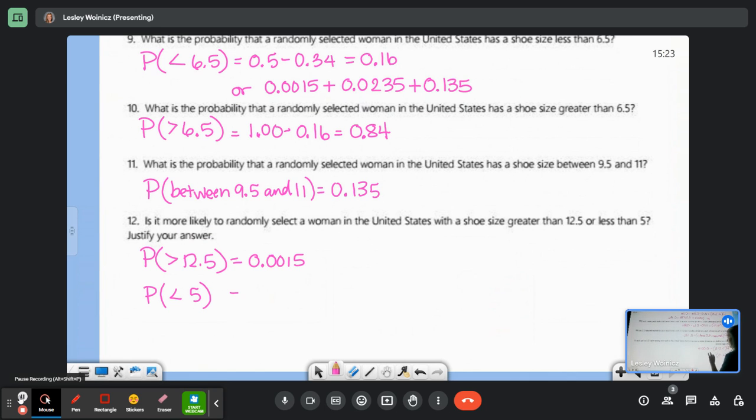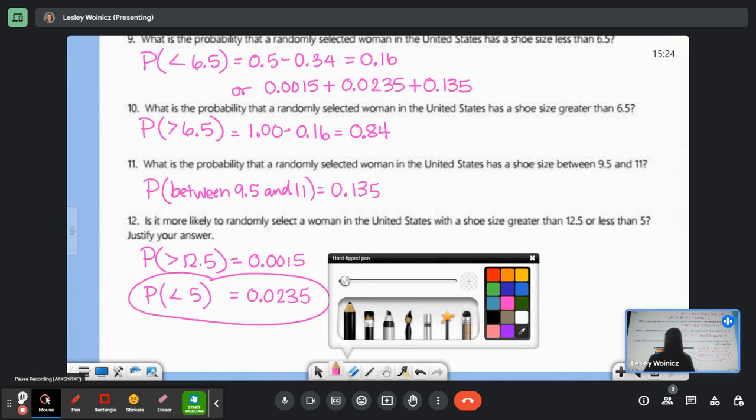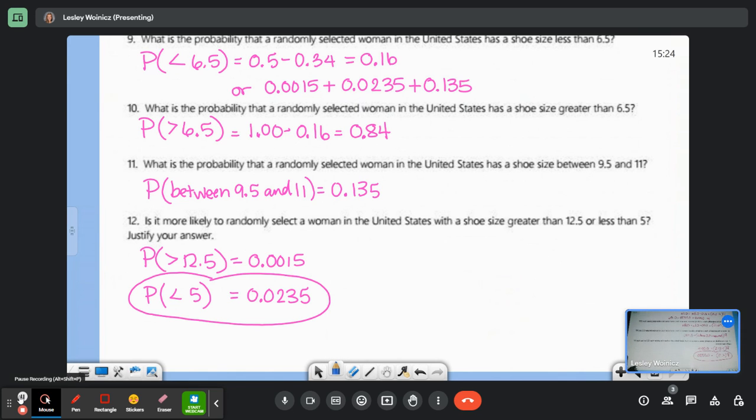And less than 5, I'm getting 0.0235. So which one is more likely? The probability of it being less than 5, because those are different standard deviation boundaries. This is like 3 standard deviations and this is 2. Does that make sense to everybody?